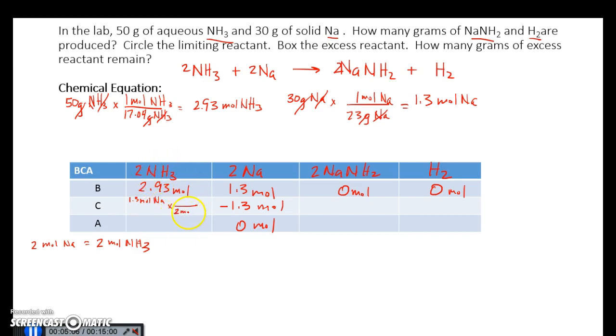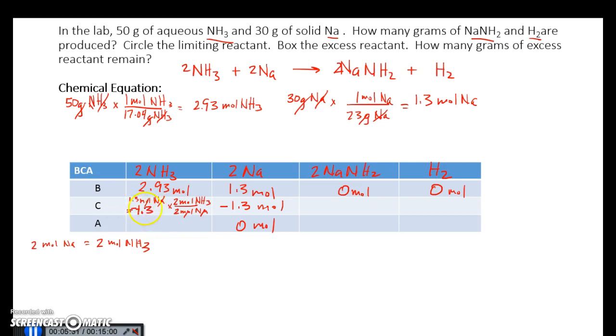So 2 moles of Na would be on the bottom, so I can cancel these out with 2 moles of NH3. They cancel out, and 1.3 times 2 is 2.6 divided by 2 is 1.3.